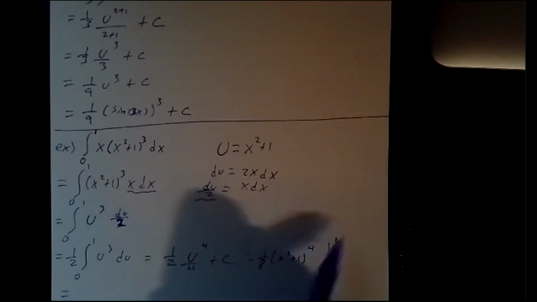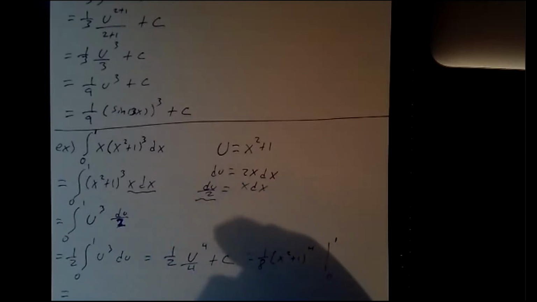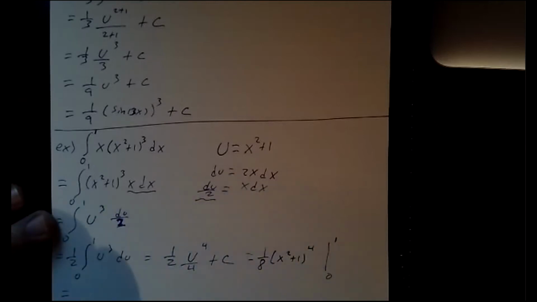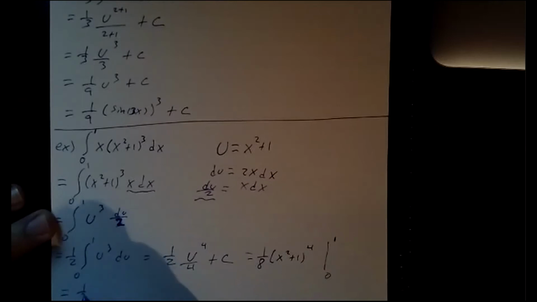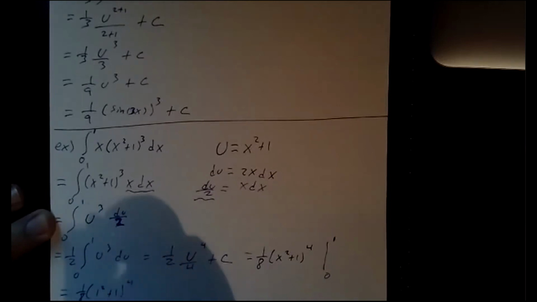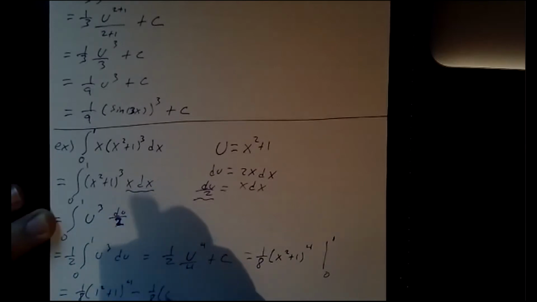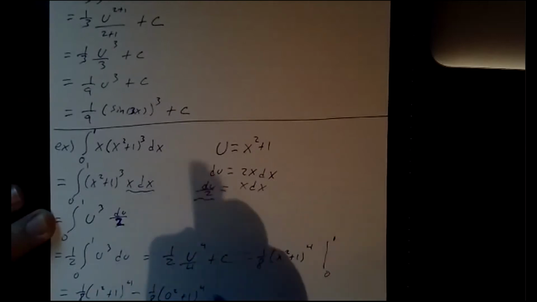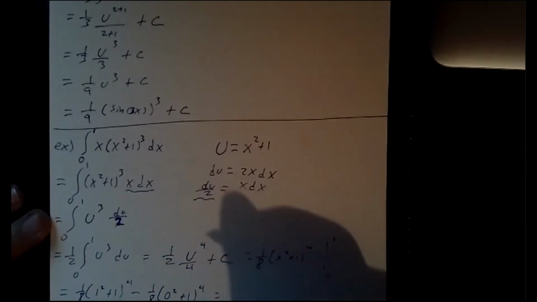So now that it's x, plug in the 1, right, and find out our value. So that would be 1/8 times 1 squared plus 1 to the 4th minus 1/8 times 0 squared plus 1 to the 4th. So that will be what?